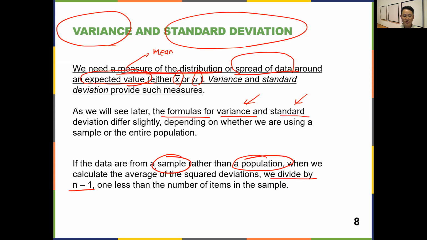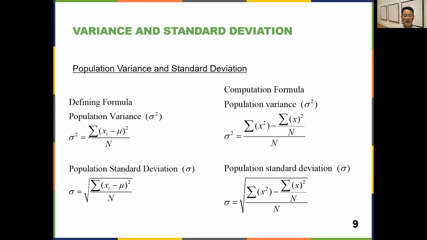For the sample one, we're going to divide by n minus 1 rather than n, right? But you will see it when you see the actual example and actual formula.